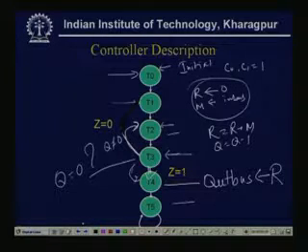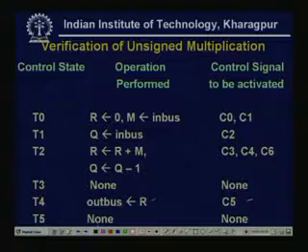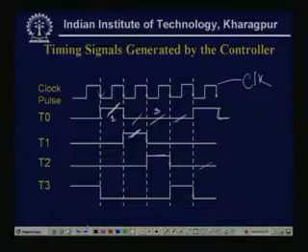Each row of the SC truth table shows what output value should be generated by the SC controller, and accordingly the design should be like that.